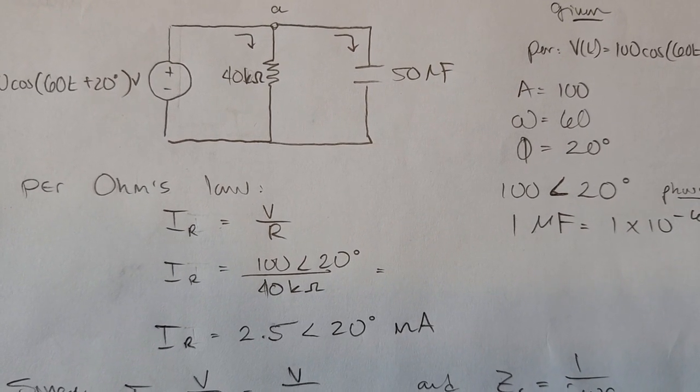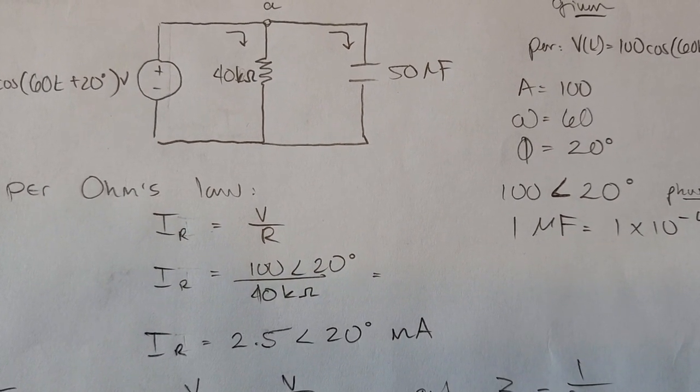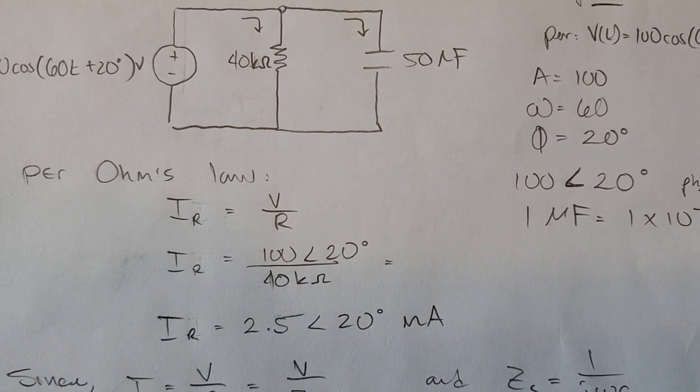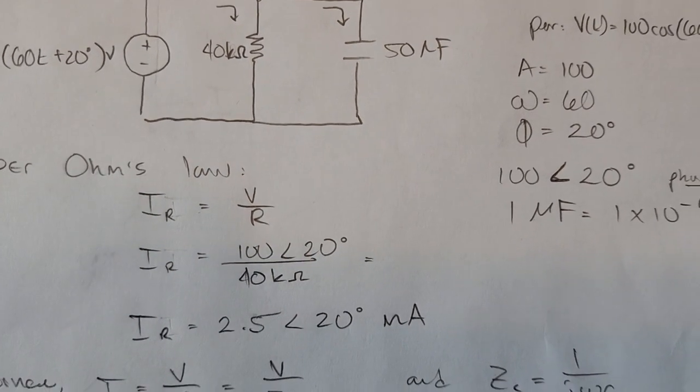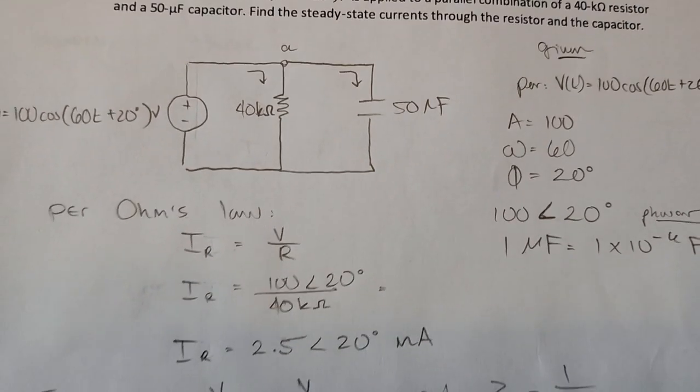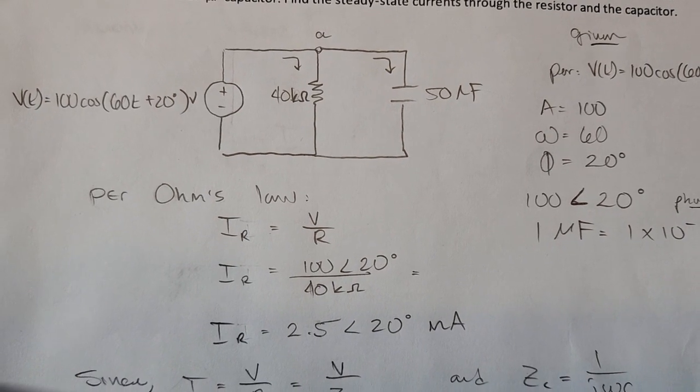That gave me a current through that particular resistor in phasor form of 2.5 at 20 degrees milliamps, and that's just the current through that resistor.